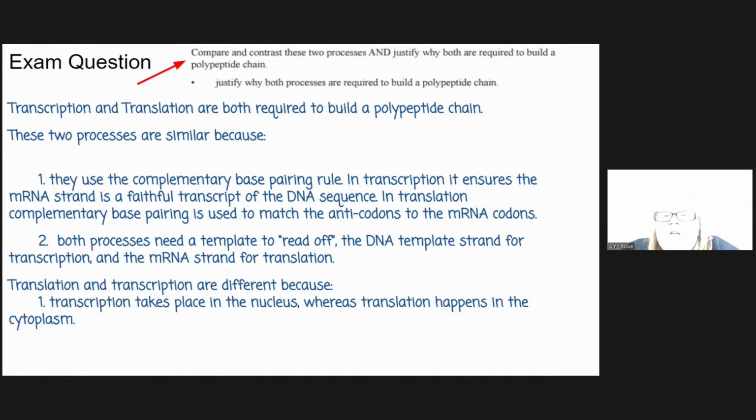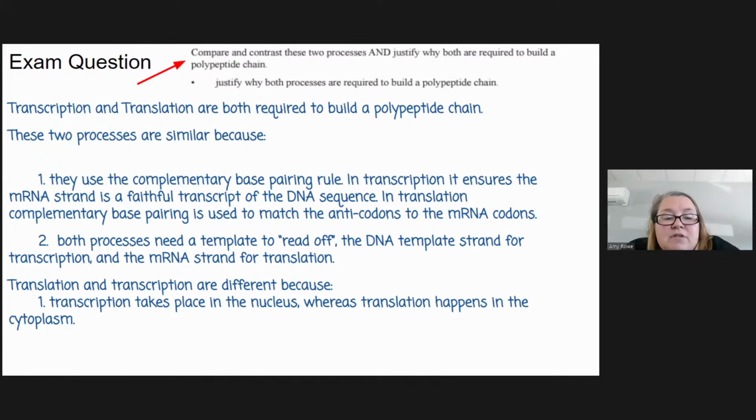In transcription, the complementary base pairing rules ensure that the mRNA strand is a faithful transcript of the DNA sequence. It's a complementary sequence to the DNA. During translation, the complementary base pairing rules are used to match the anticodons to the mRNA codons. So the complementary base pairing rules are vital to both processes.